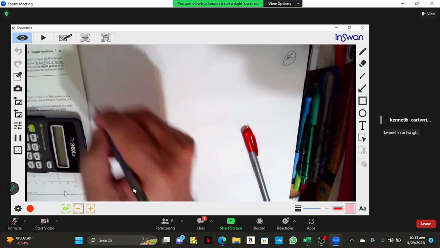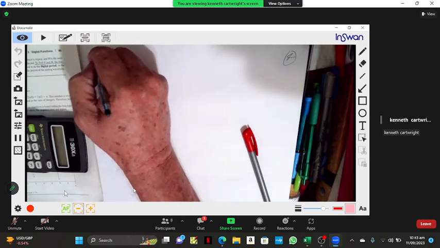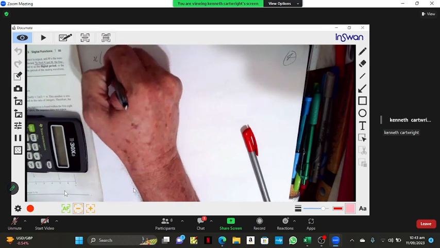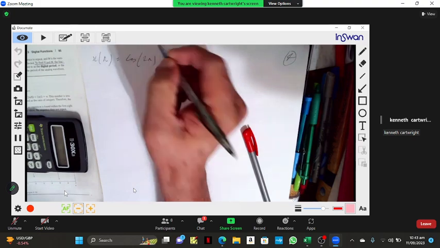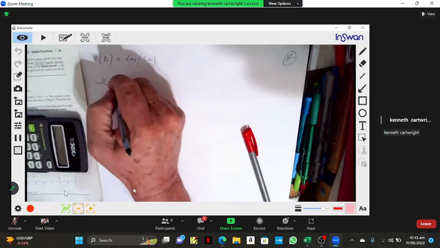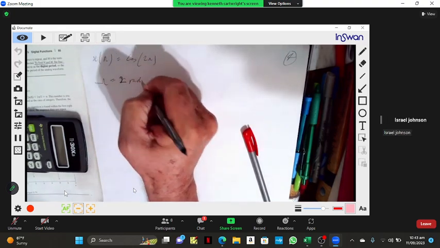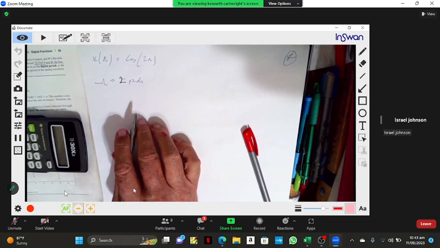Is x of n equals cosine 2n? Clearly, the digital frequency is 2 rads. Yeah, I did omega as one. So I don't know why you did that.